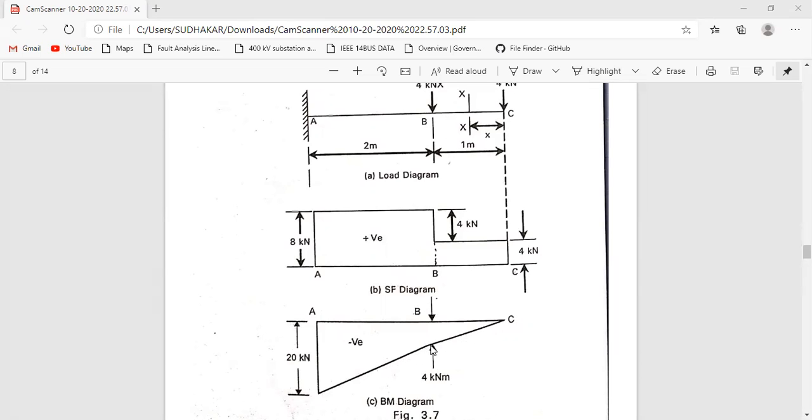This is not a straight inclined line. From C to B we have an inclined line with some magnitude, and from B to fixed end A, we have another inclined line, which corresponds to another bending moment due to the summation of these two forces.